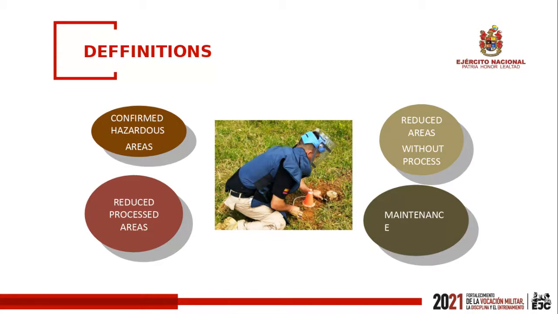The third, the reduced area with a process, is the result of the development of a technical study in a dangerous area or a confirmed dangerous area, where it is concluded that there is no evidence of anti-personnel mine or IEDs, and no additional physical intervention is required.